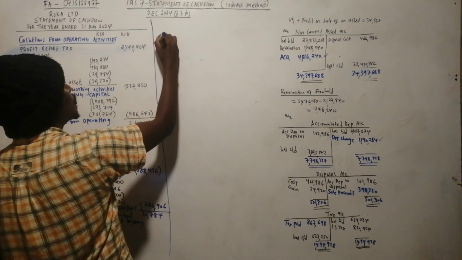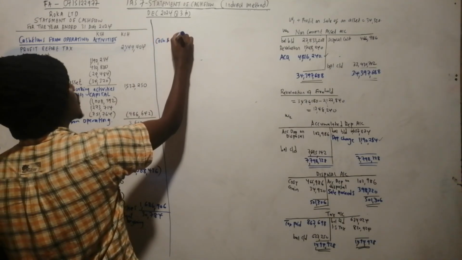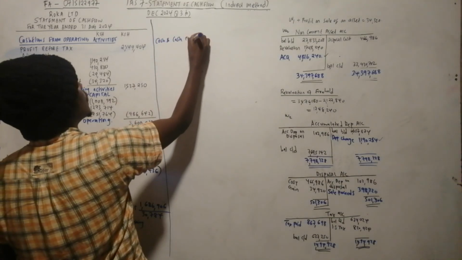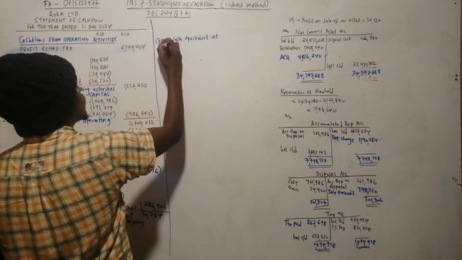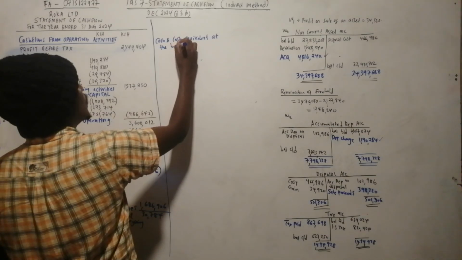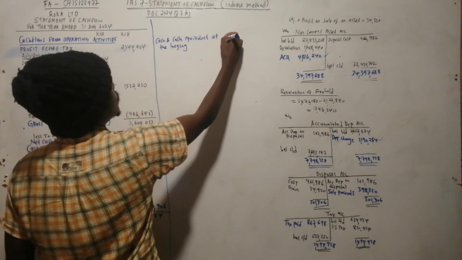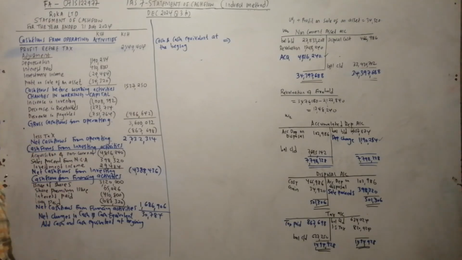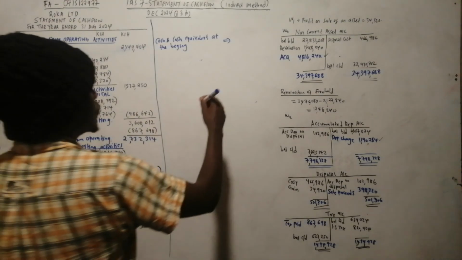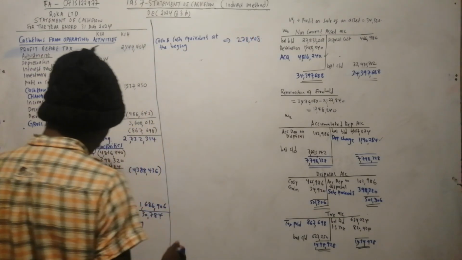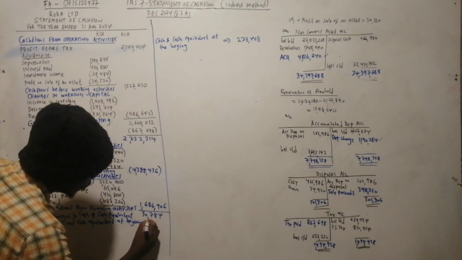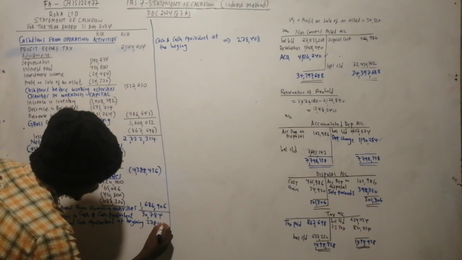So we know that cash and cash equivalent at the beginning, how much is it? So we go up there. We only have the one item, 278,408.